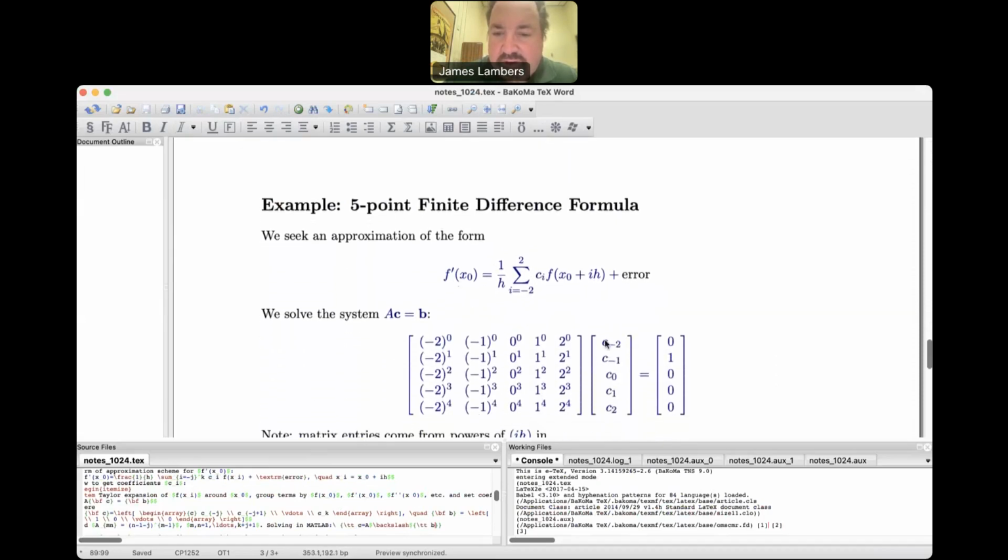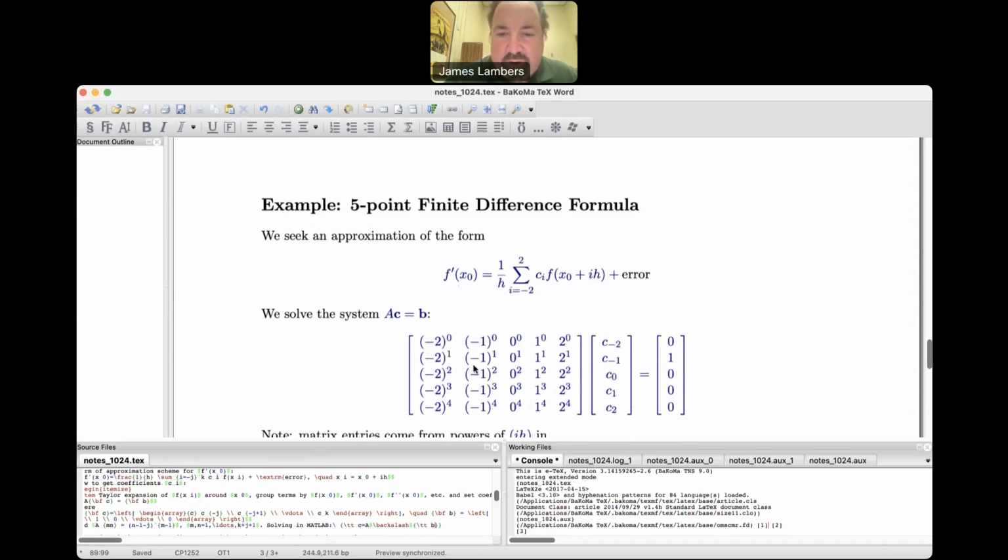Okay, here are the coefficients that I'm looking for. Here's the same right-hand side vector that's all zeros except for a 1 in the second position. And then here are my matrix entries. They are your indices from your summation, minus 2 to 2, raised to powers starting from 0 and up to the number of points you have minus 1.